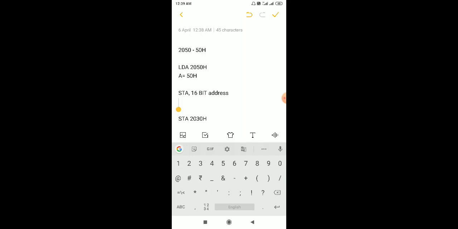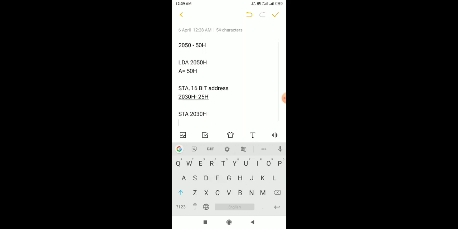Before executing this instruction, let's suppose 2030H has the data 25H. After executing STA 2030H, the content of the accumulator is copied, or written, to the given memory location.